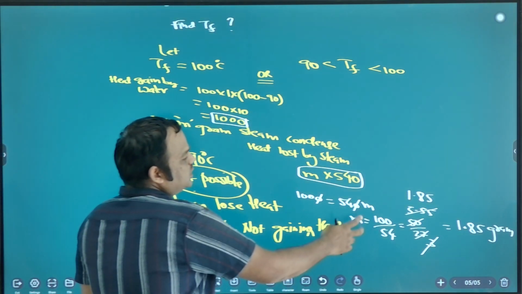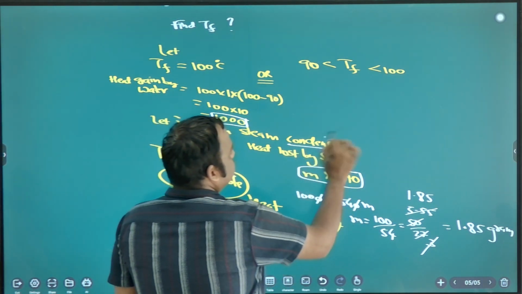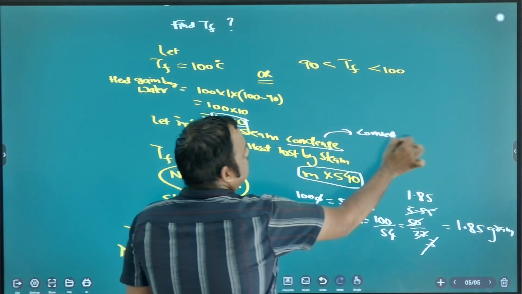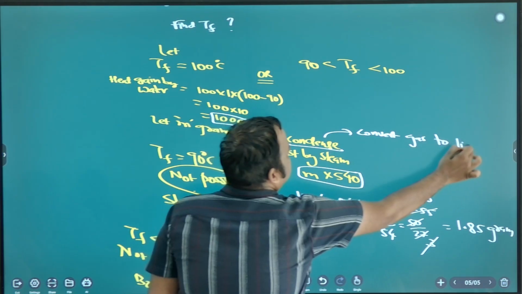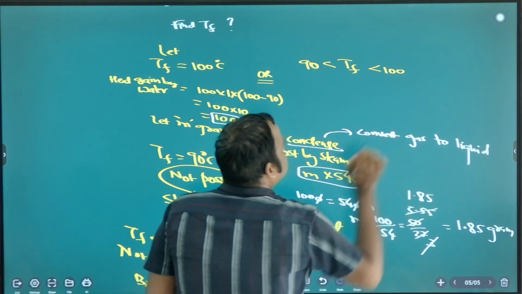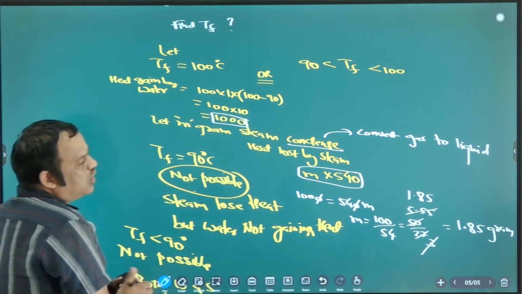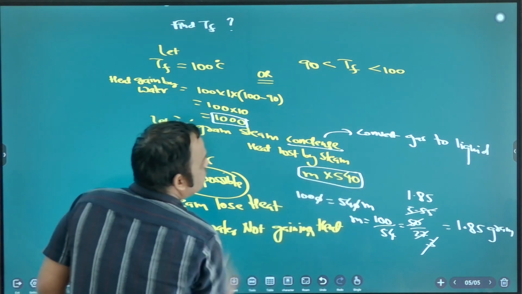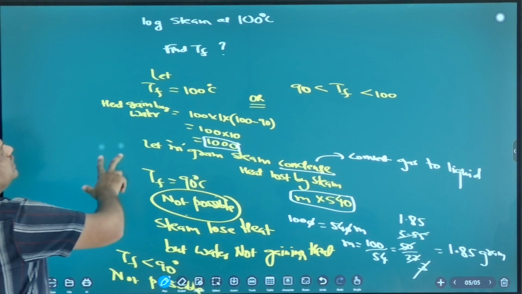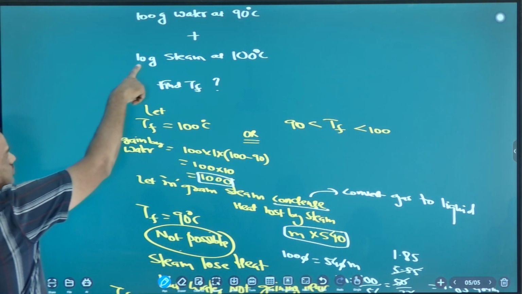So how much steam condenses? 1.85. How much steam initially? Initially 10 gram.